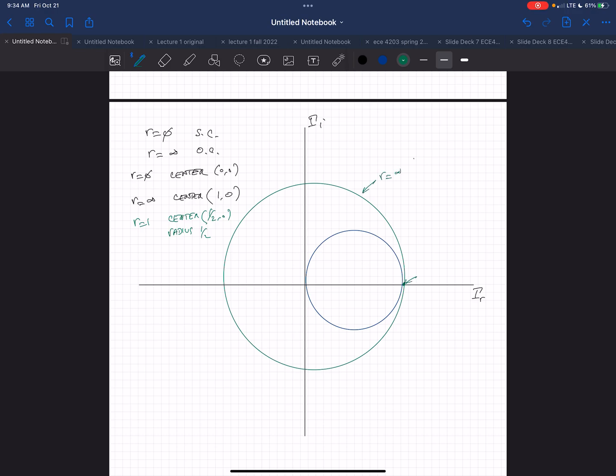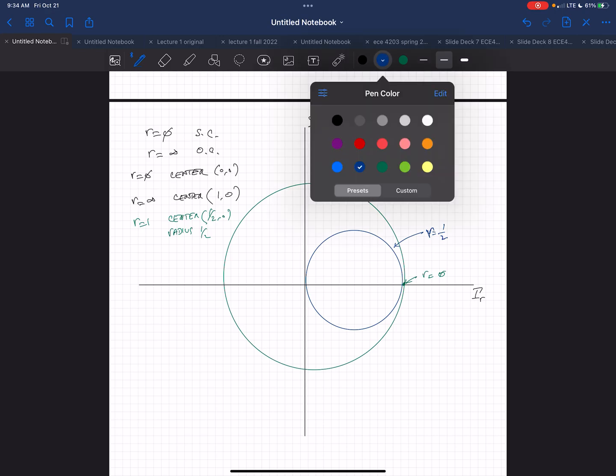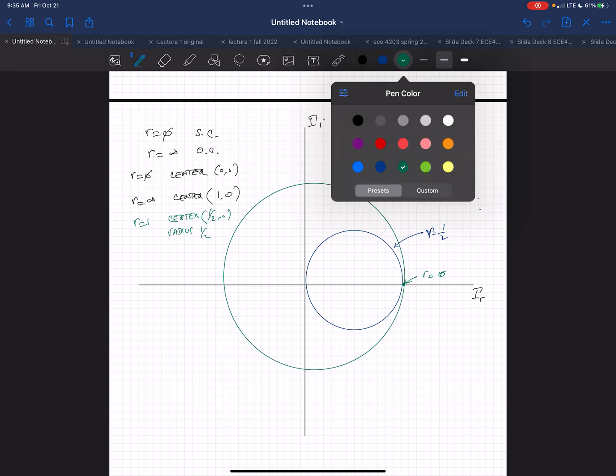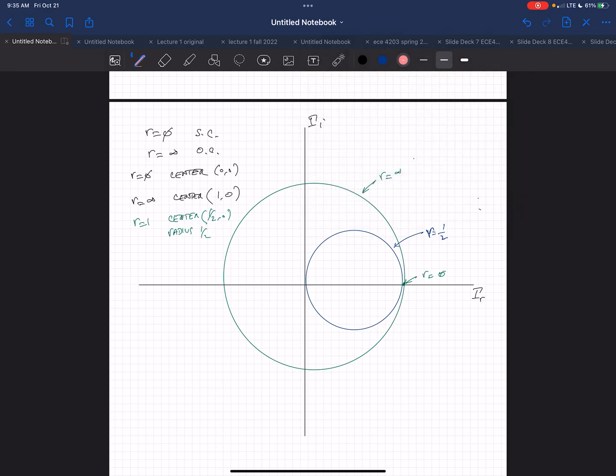This dot here is R equal to 0. This guy is R equal to 1/2. And then R equal to 2/3 is going to look something like this. Not precisely drawn, it should be going through there, but hopefully you're seeing a pattern here.